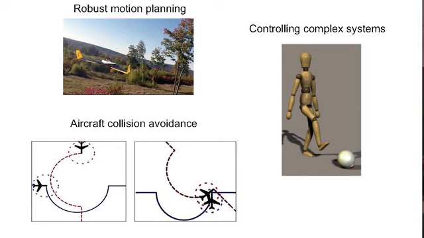Here you can see that you're controlling a robot to carry a tray of water or something. And more importantly, reachability is used for verifying safety properties for safety critical systems like aircraft collision avoidance. So in this lecture, we'll go into more detail on one of the applications, robust motion planning. If you're interested in other things, there are papers in the references that you can look into.